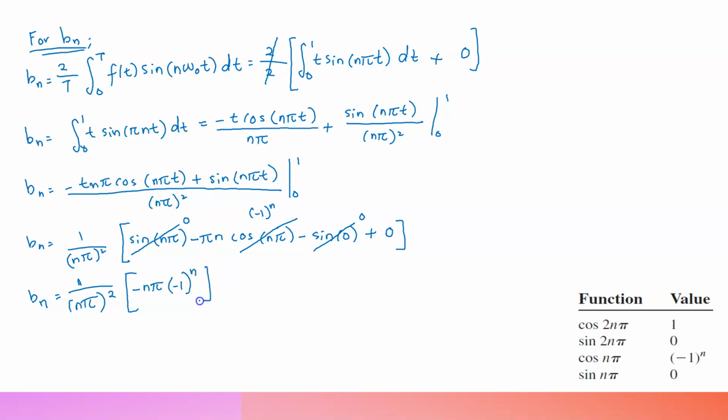Okay, and this one can cancel out with this. So you are left with minus 1 to the power of n over n pi, or you can rearrange this to become minus 1 to the power of n plus 1 over n pi.